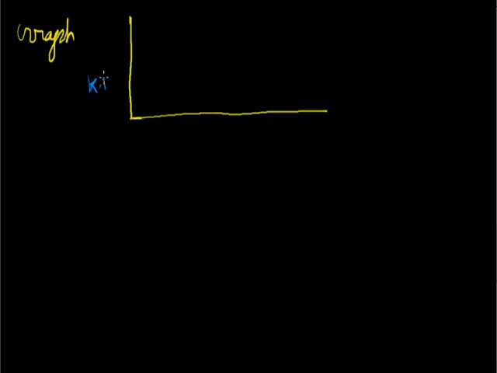First, kinetic energy. Initially at the highest point the kinetic energy is 0, and as we move in the graph, it means the particle is moving downwards, the velocity increases, so kinetic energy is increasing.